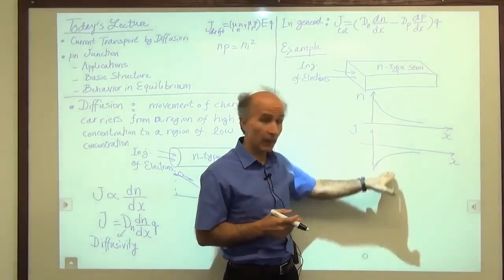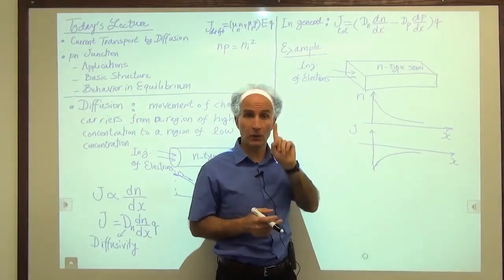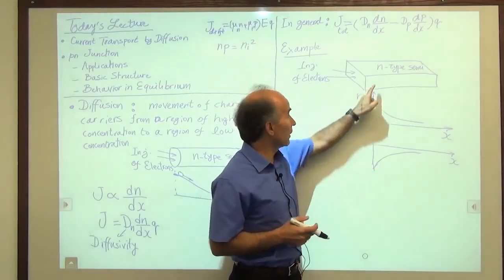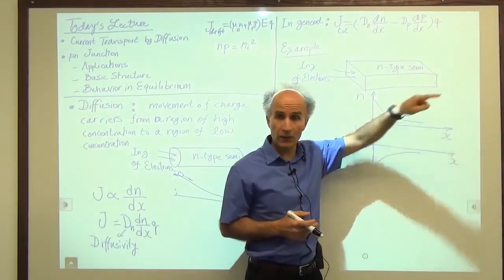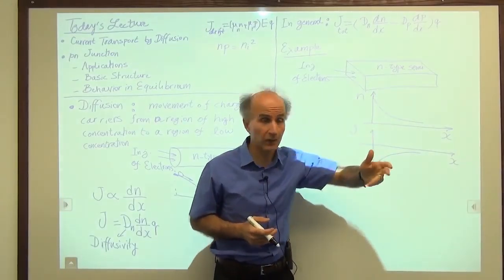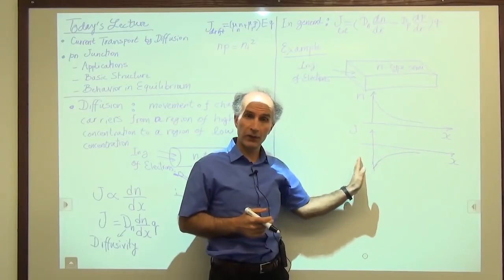So if we see this behavior, the only possibility is that the electrons must be combining with holes as they go this way. And that's why we have fewer electrons over here than over here.